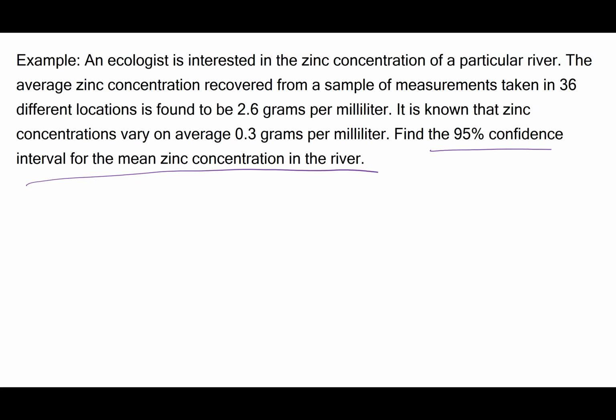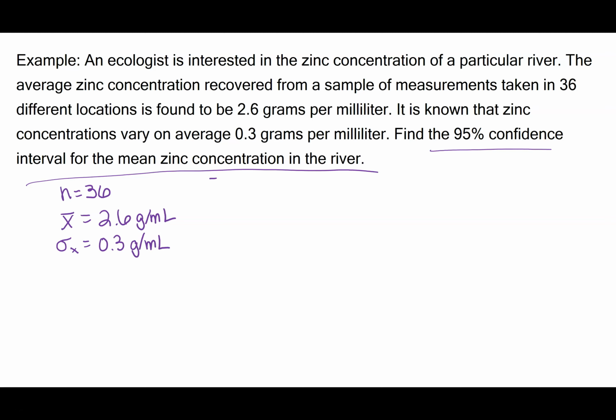My first step is going to be writing out what I know. I know my sample size is 36. I know that my sample mean was 2.6 grams per milliliter. Sigma, so standard deviation of the population, that's that 0.3 grams per milliliter.